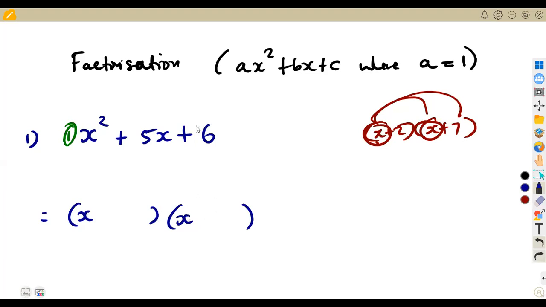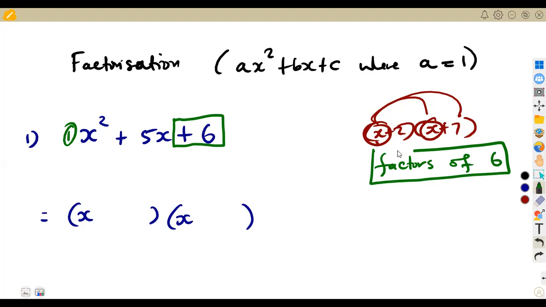Then you move on to the most important part now. You ask yourself about the constant, which is 6. You are going to need factors of 6, that is, two numbers that you multiply together to give you 6. But not only that: after you add those two numbers, they must add up to 5.